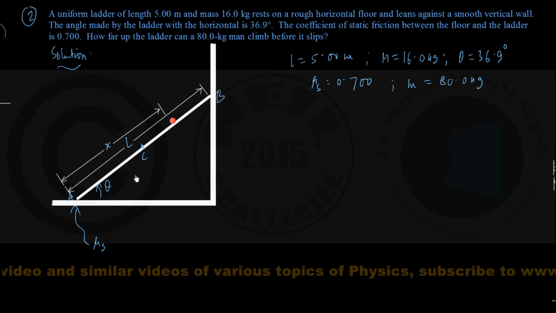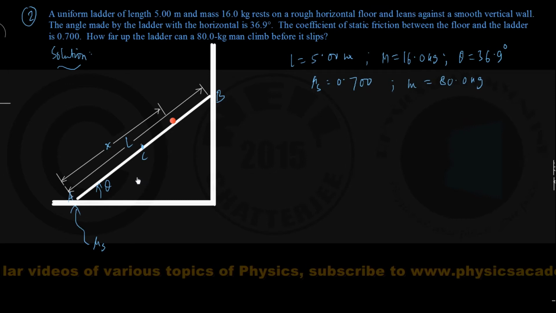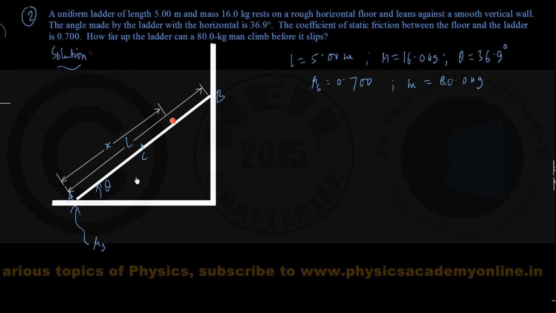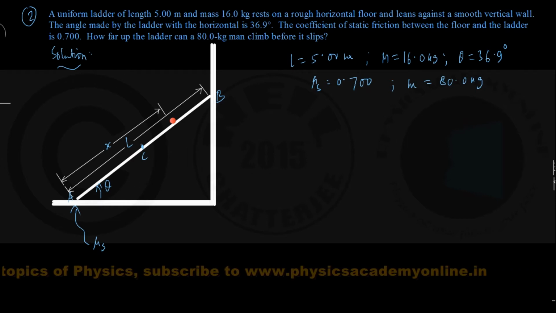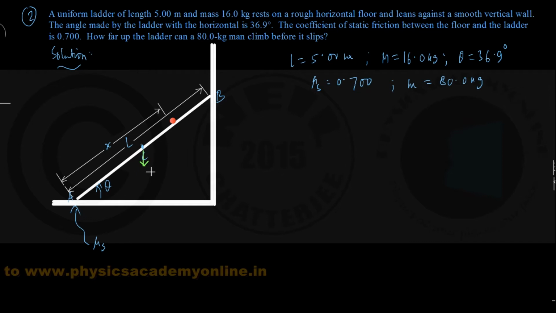So in a general situation, without any reference to the slipping condition, let us identify the forces acting on this ladder plus man system. Here is the force of gravity acting on the ladder vertically downwards at the midpoint, that is C. So this is the gravity force, and that is capital M into g. I have taken the ladder's mass to be capital M in my symbols.